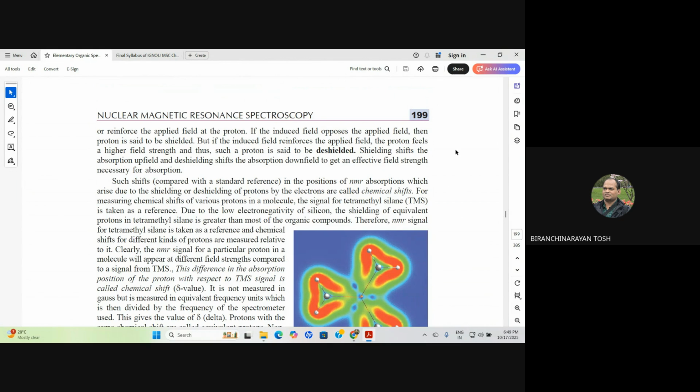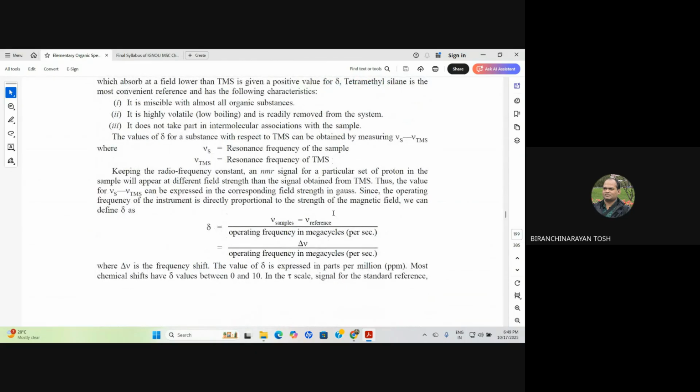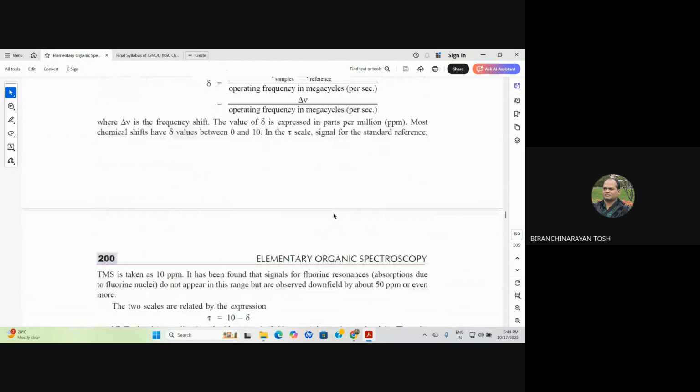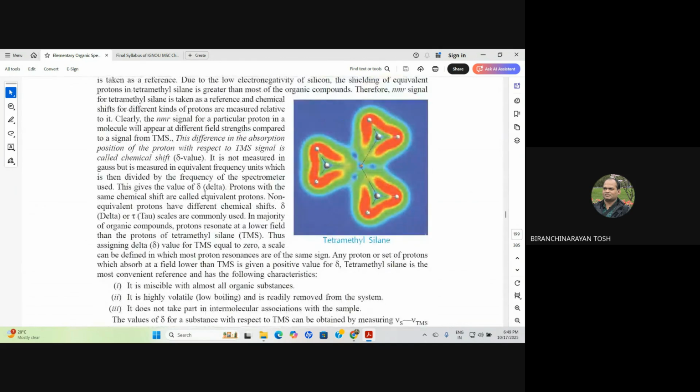In tetramethylsilane, four methyl groups are attached to silicon, and all 12 protons are equivalent. Tetramethylsilane is taken as the reference, and its chemical shift value is taken as 0. Two scales are there: one is the delta value, one is the tau value. Tau is 10 minus delta. We will discuss that later. First, let us see this one.